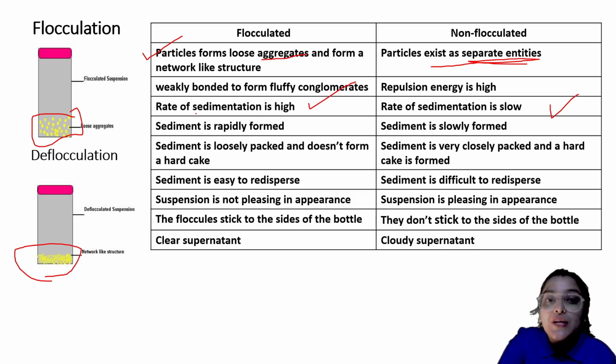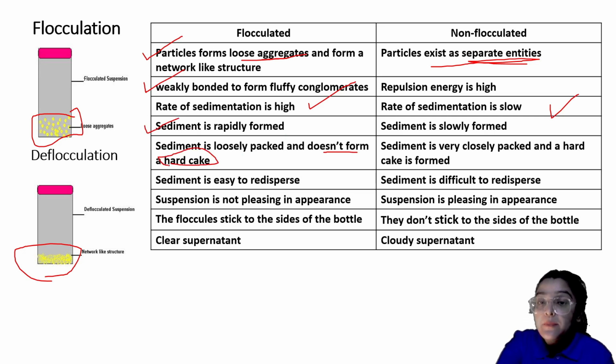Okay students, so particles tend to form loose aggregates in the flocculated ones. They are weakly bonded, but they have a higher rate of sedimentation. The sediment is rapidly formed, but it does not form any hard cake.